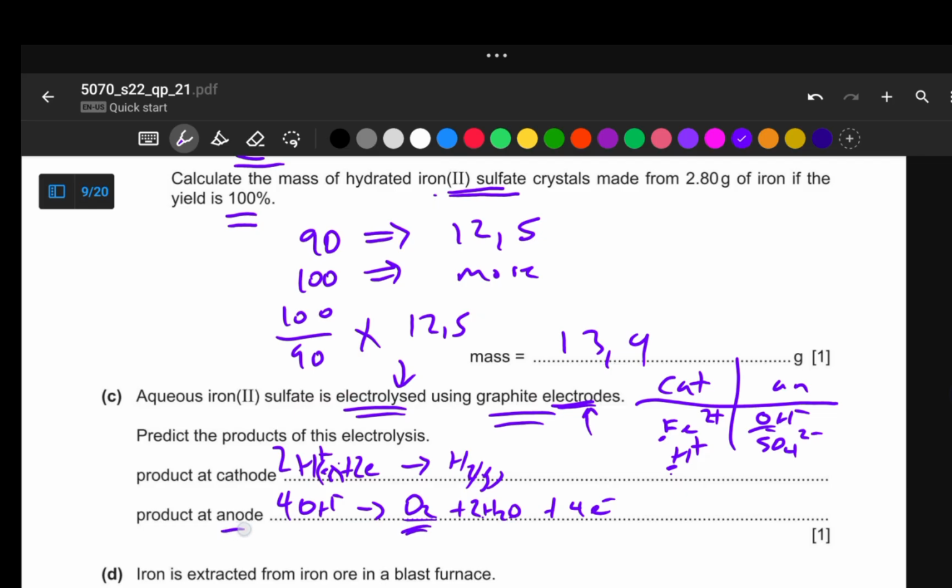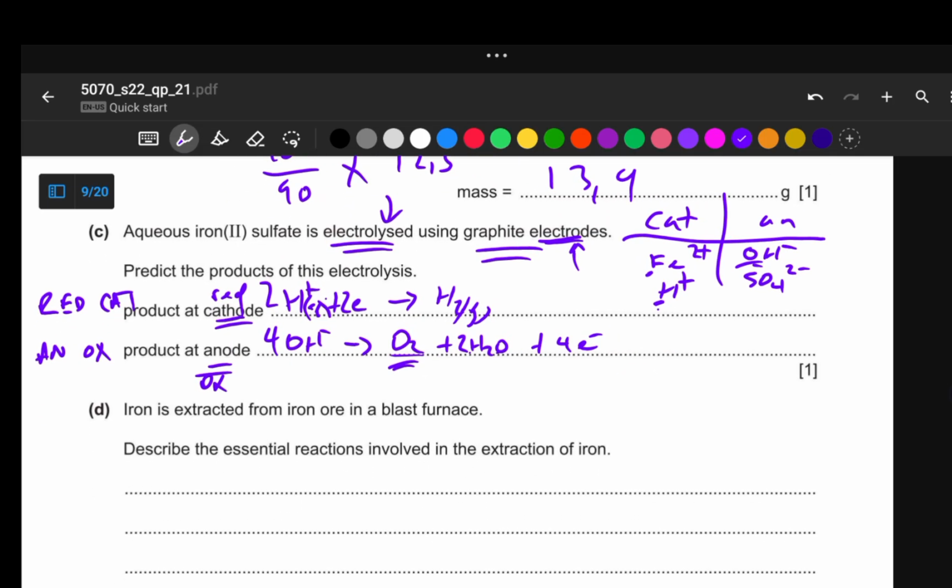We define the anode as the electrode where we have oxidation, and the cathode as the electrode where we have reduction. We have the mnemonic RED CAT, and here we have AN OX. As simple as that.